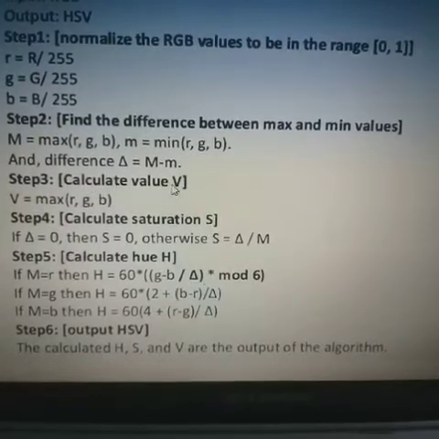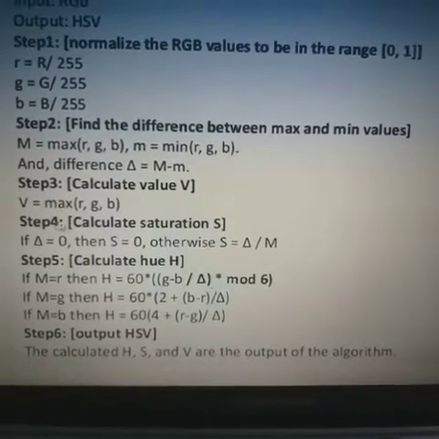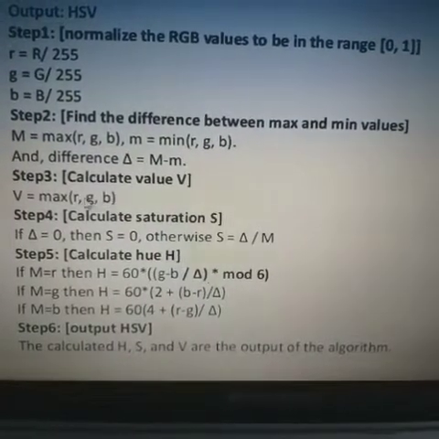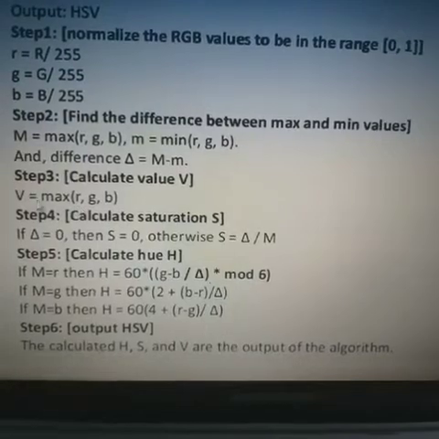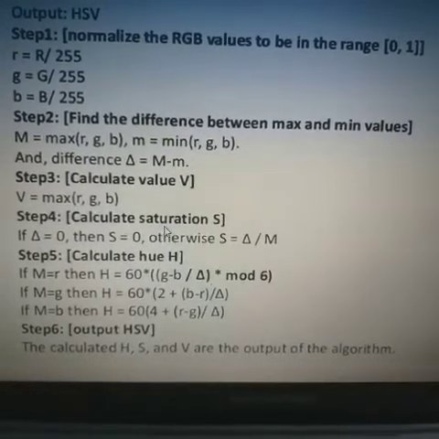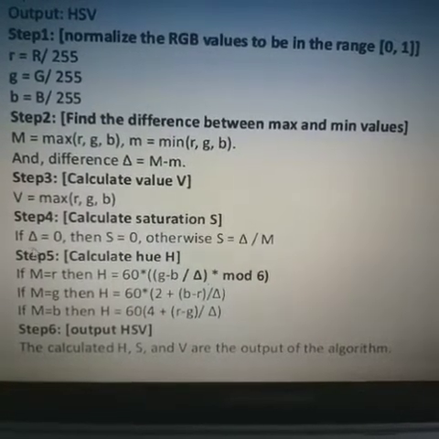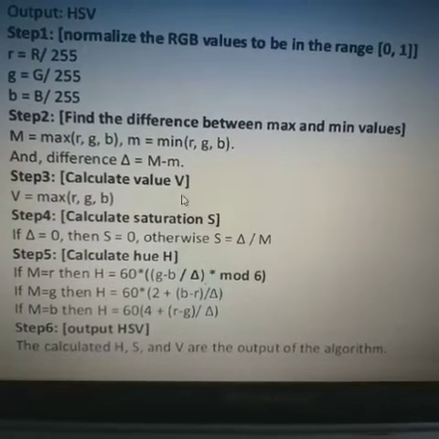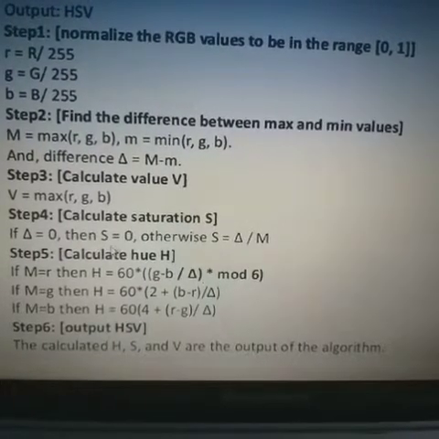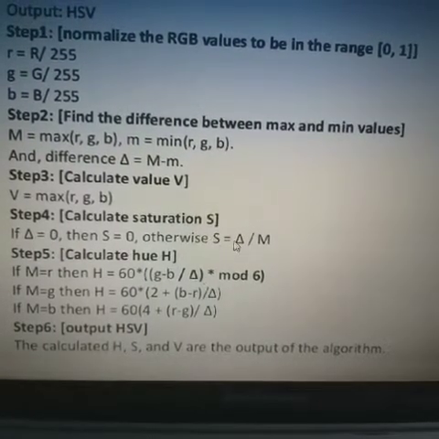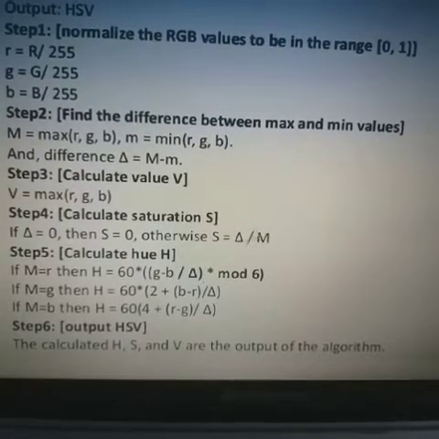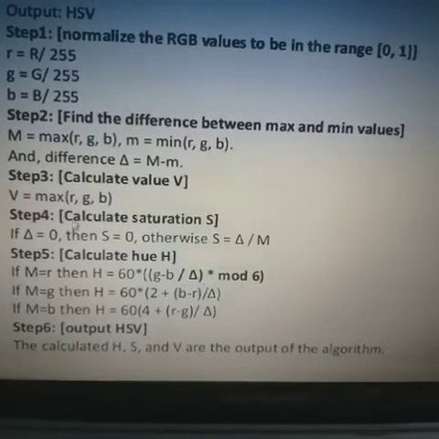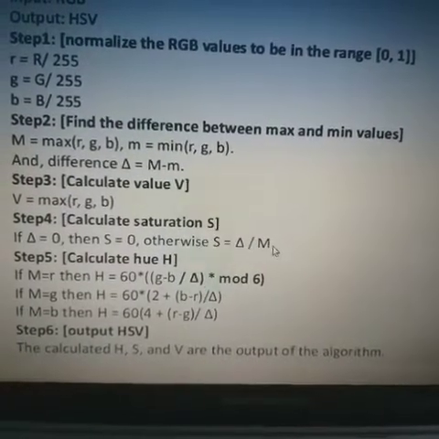Step 3 is to calculate the value of V. V is equal to the maximum of R, G, B. Out of the three, the maximum is 1, so the value is 1. Step 4 is to calculate the saturation value. If the difference is equal to 0, then the saturation is equal to 0. Otherwise, saturation is the difference, 0.5 after rounding off becomes 1, divided by M. M is the maximum value, so 1 divided by 1.